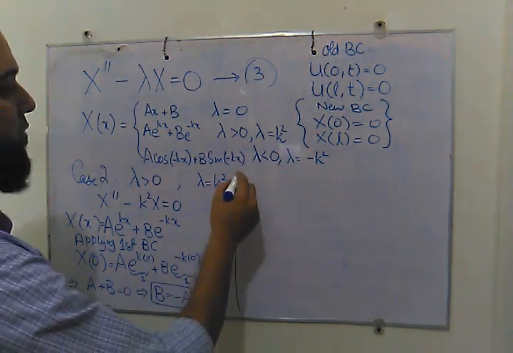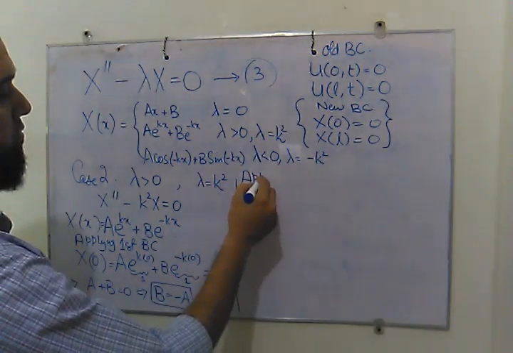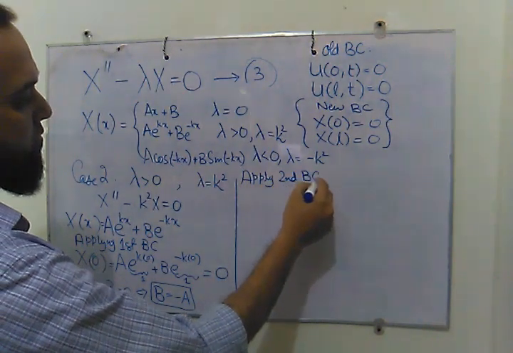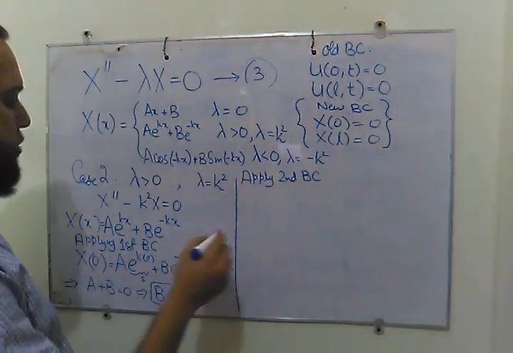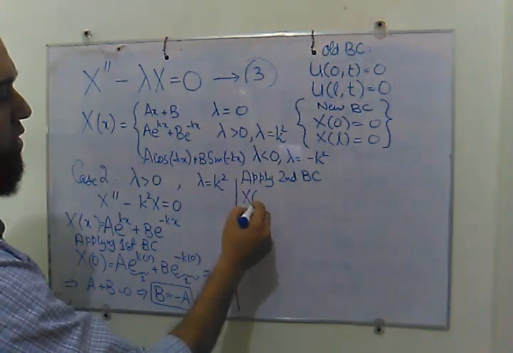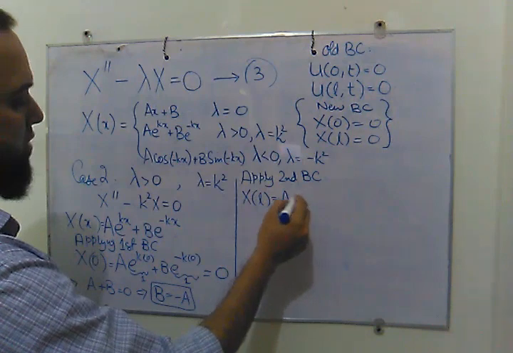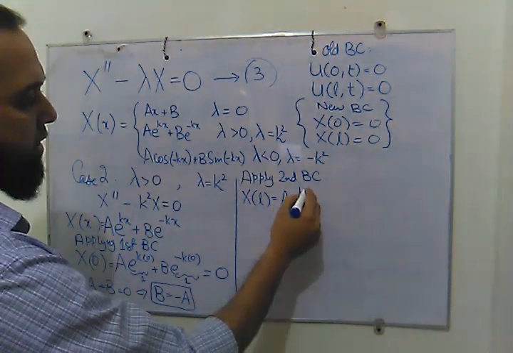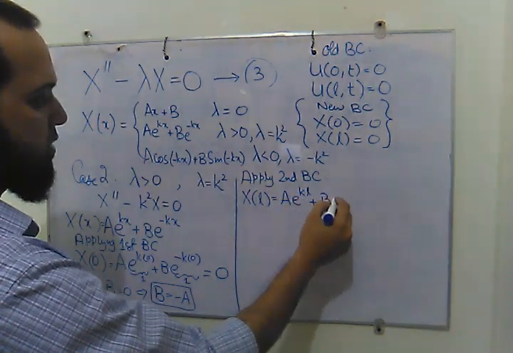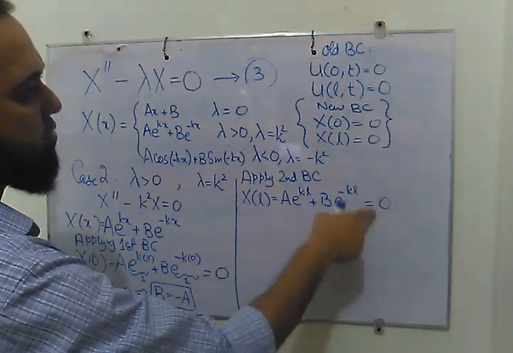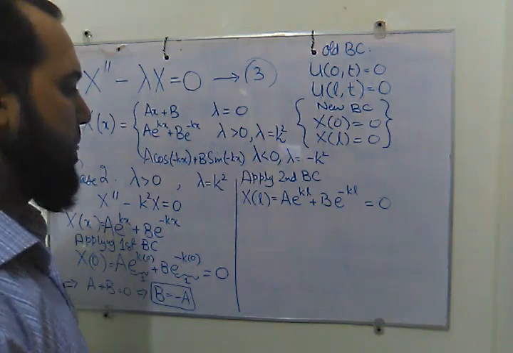Now we apply the second boundary condition. In the general solution, we put L in place of x and the equation becomes a e^(kL) plus b e^(-kL), and this x of L is equal to 0 because of the boundary condition.